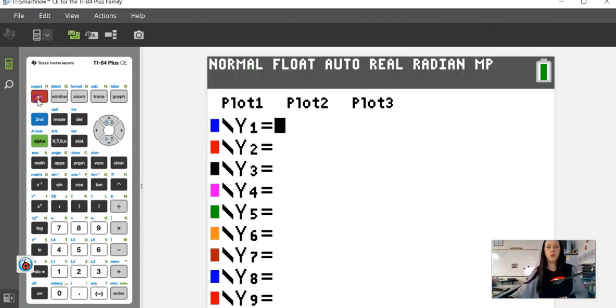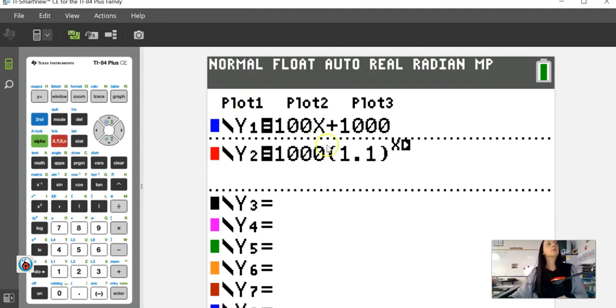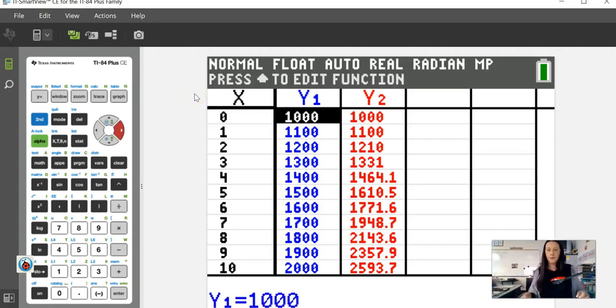Okay, so go into your table and you're putting in both of those equations. So I'm going to put in the linear one, 100x plus 1,000. And then the exponential one, 1,000 times 1.1 raised up to the x power. So you'll put in both equations and then go to your table function. So we're going to fill out your table then for how much you're getting paid for job A for 5 months and job B for 5 months.